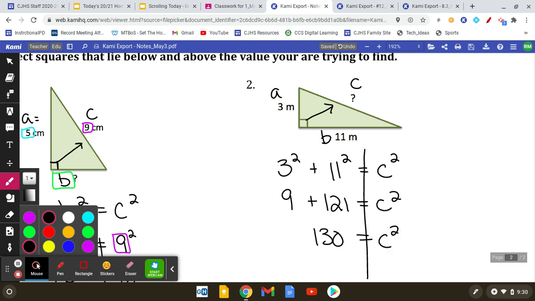Is that our final answer? No, what do we have to do? Yep, square root. And we have to approximate. So C equals the square root of 130. The square root of 130 is in between which two numbers? 11 and 12. Good.